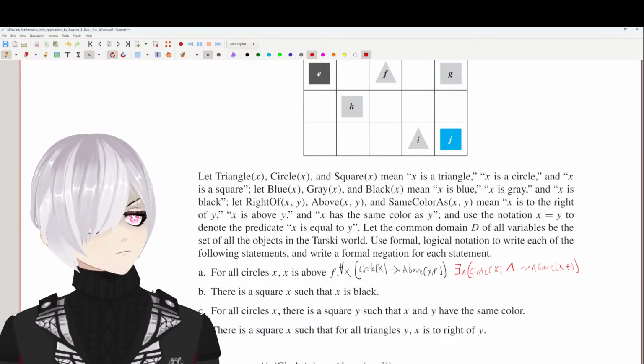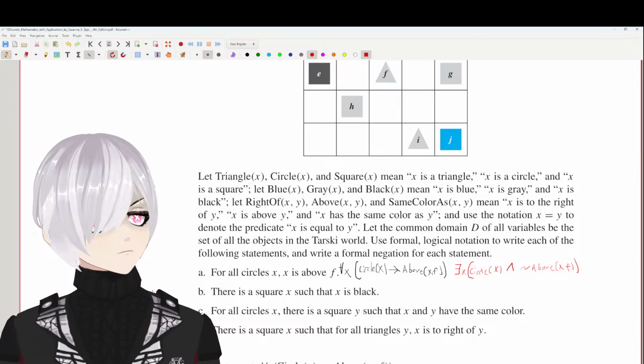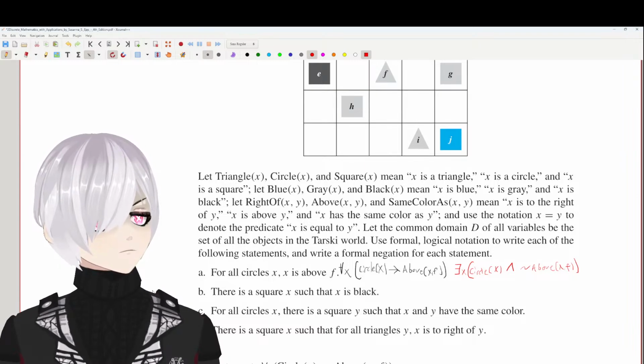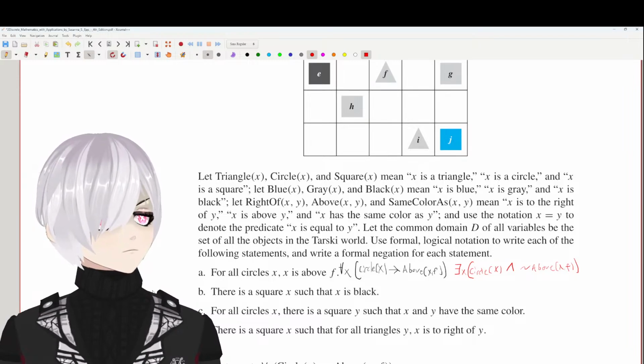Then to get the negation, you would say there exists an x in C such that not Above(x, f). That's the formal way of writing that. It would be there exists an x such that x is in C, or Circle(x), and not Above(x, f). I see.